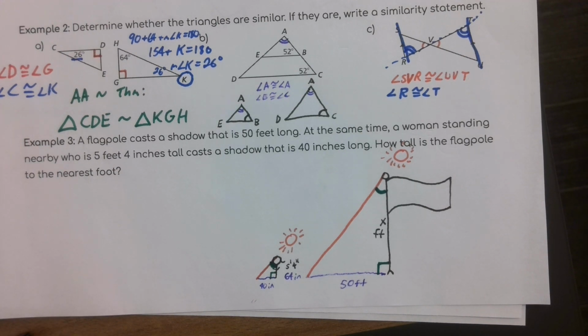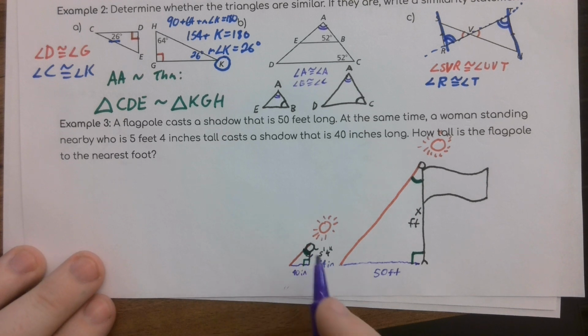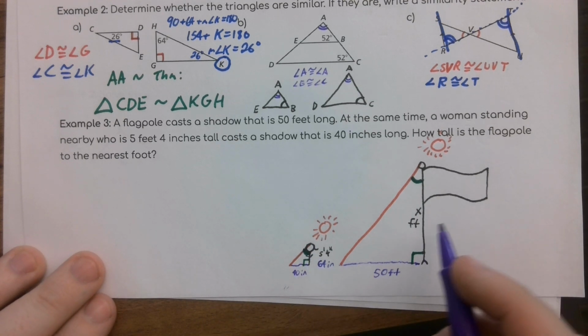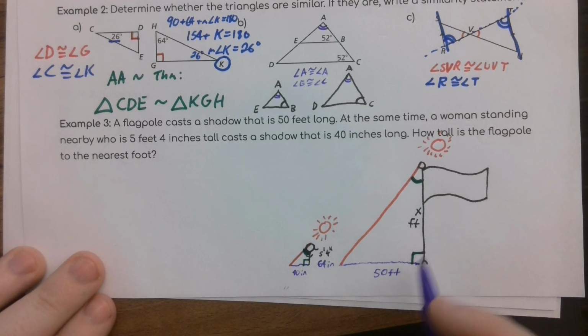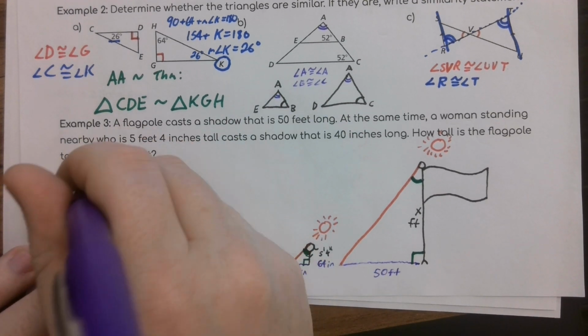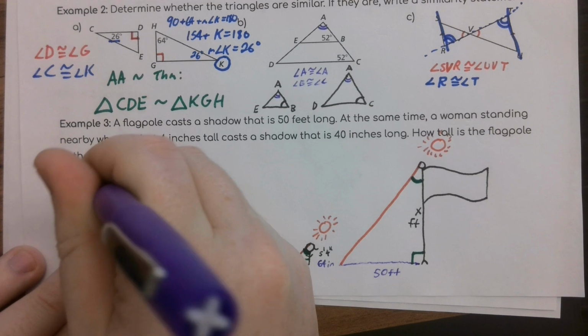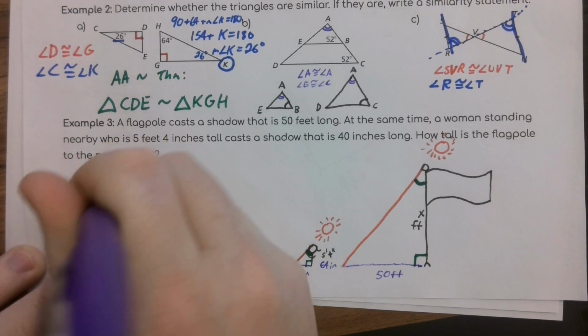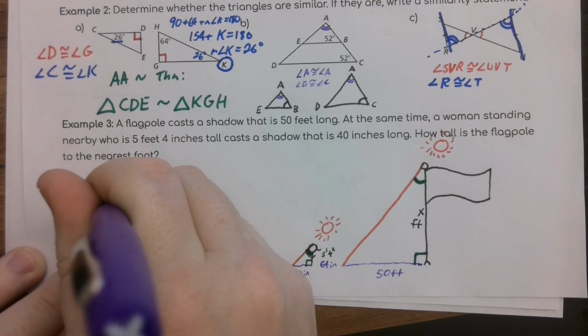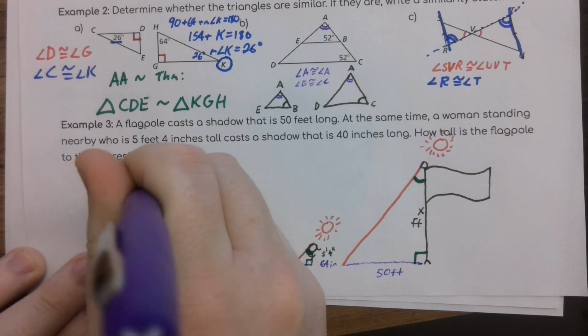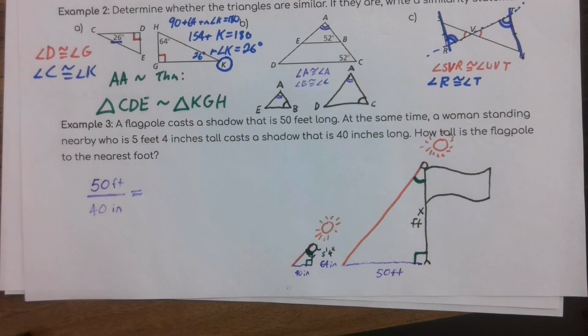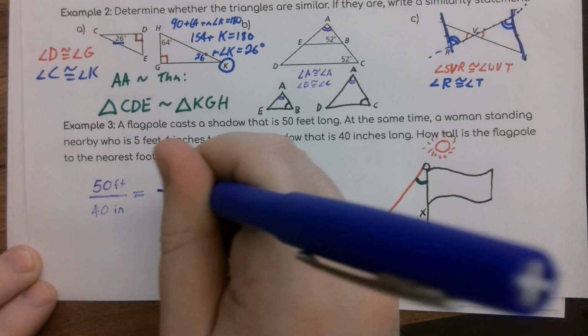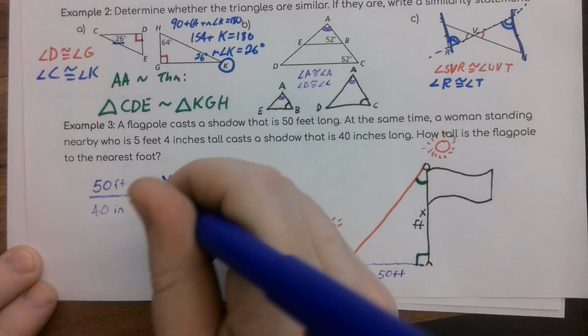Now we could set up a proportion. We could say the woman's height compared to the flagpole's height is proportional to the flagpole's shadow compared to the woman's shadow. We could say shadow divided by shadow is meant to equal, I apologize, my marker is just dried out, the height of the flagpole divided by the woman's height.